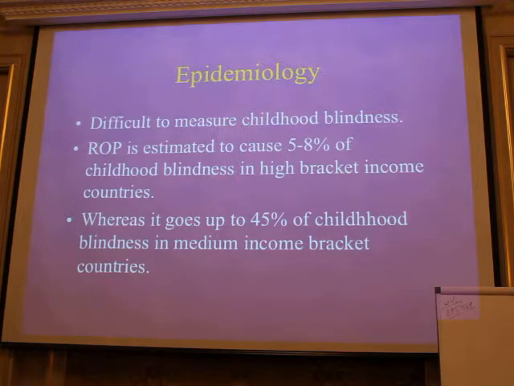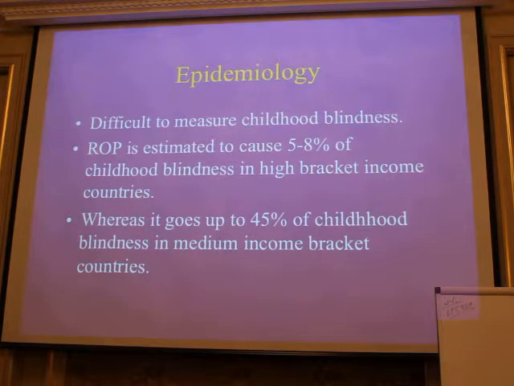Now, what about the epidemiology of such a disease? Unfortunately, if you do deal with ROP babies, you realize that it's very, very difficult to measure early childhood blindness. Babies can't complain, mothers cannot notice it, and the pediatricians cannot detect it for sure. It's relatively stage 5.